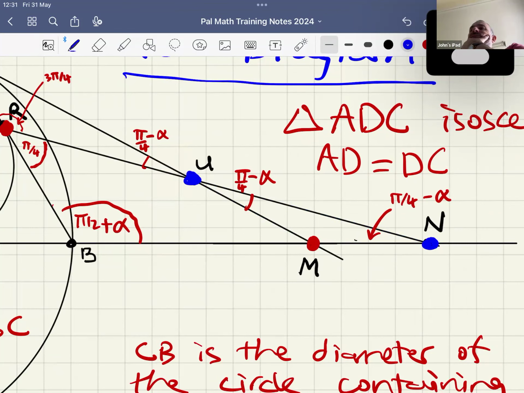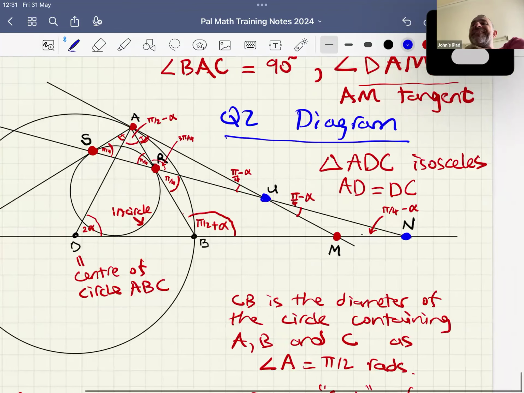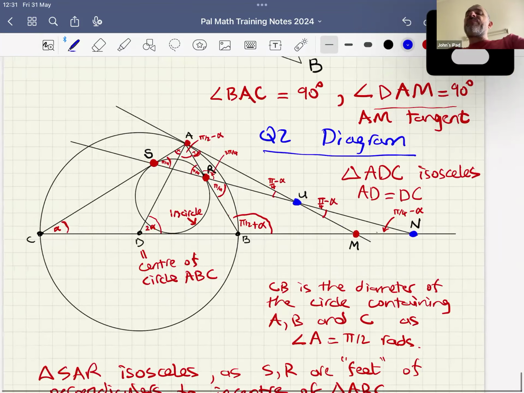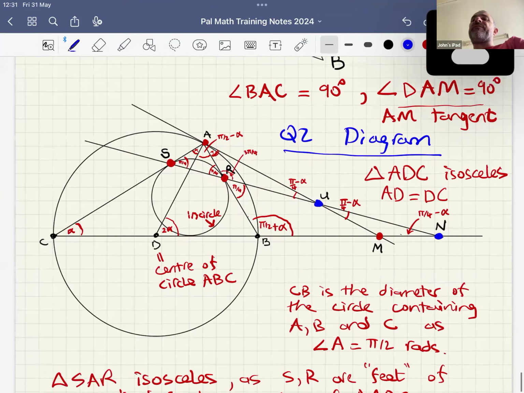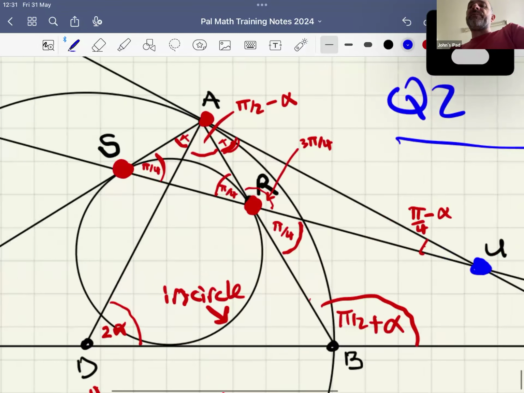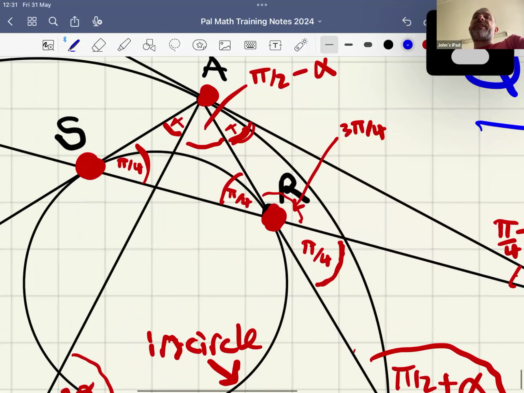Okay, so maybe I should summarize this as saying that there's a couple of obvious angles that you fill in. The first obvious angle is this pi over 4. You have to give an argument that these are pi over 4s.